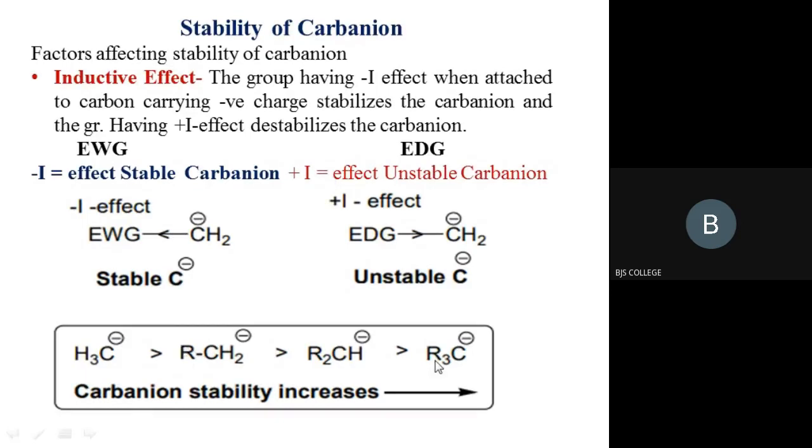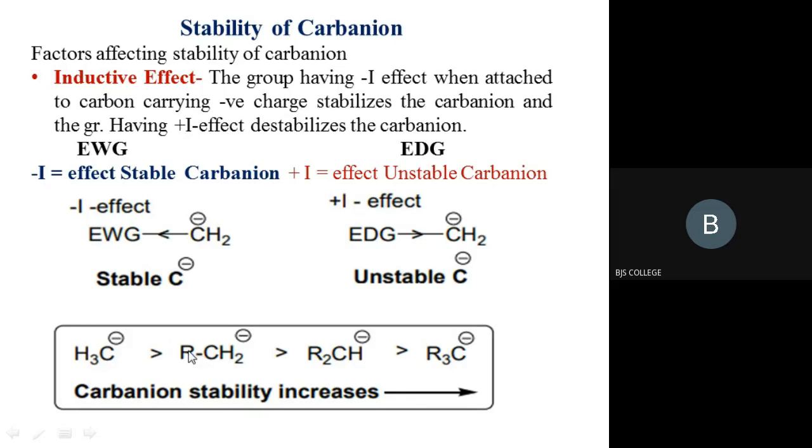Now the R group has a tendency to give electrons. It shows a plus I effect, and because the tertiary carbanion has 3 R groups, due to the high plus I effect, the tertiary carbanion becomes highly unstable, whereas primary carbanions are more stable as compared to secondary or tertiary carbanions.